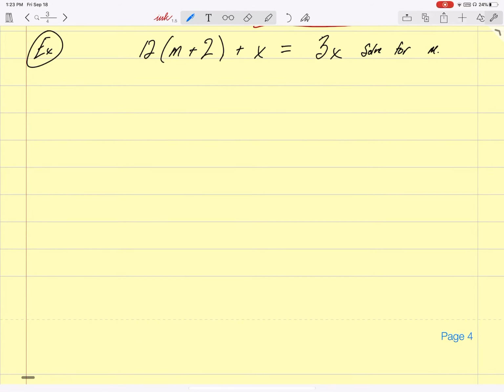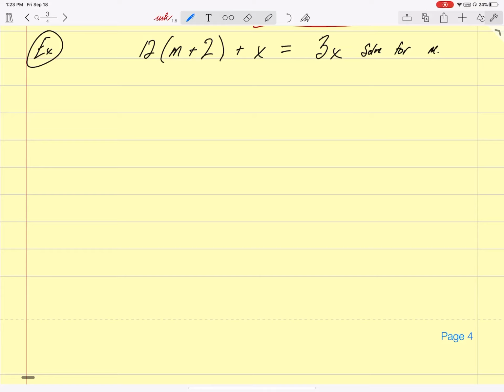Okay, I think I said the last one was the last one, but this is actually the final problem. So this one says solve for m, and m's embedded in there, so we need to could do several different things. Again, these don't have to be started the same way every time.